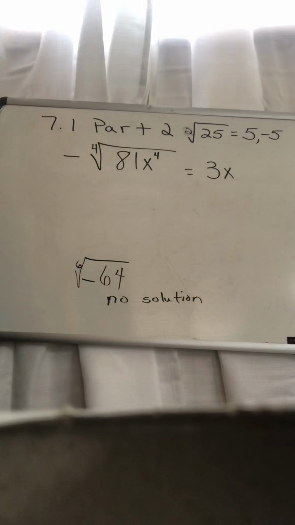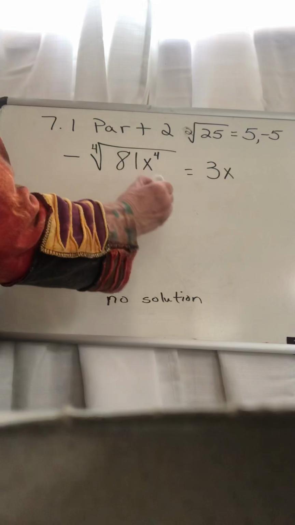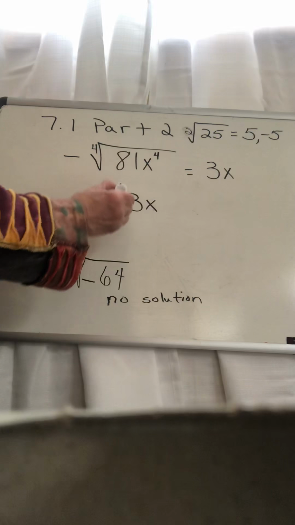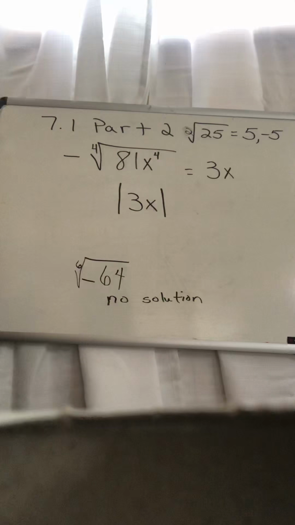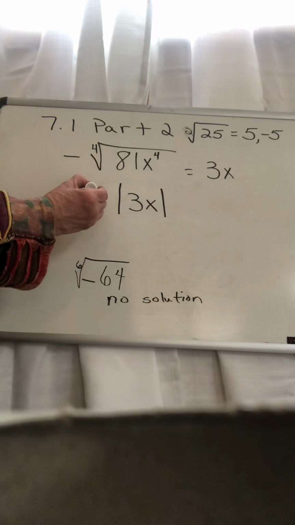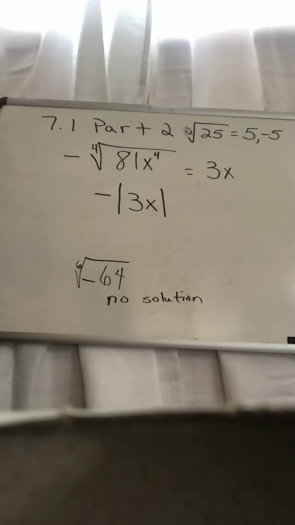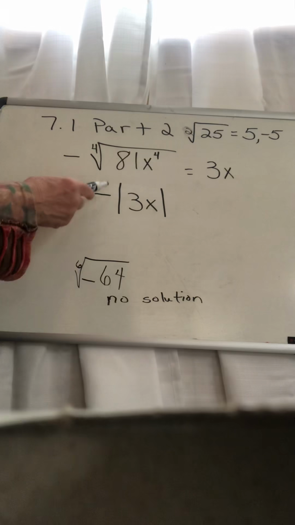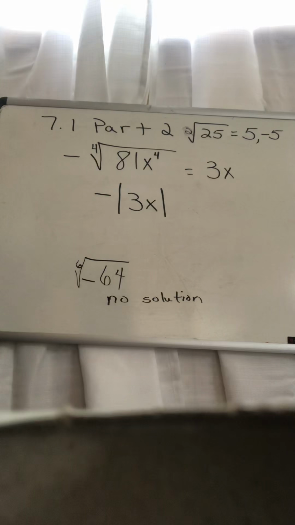And so to do this one properly, we really need our absolute values, because we don't know the value of x, and then we would just put the negative in front of it. So once we figure out what that x's value is, then we would be able to distribute the negative, but we don't want to do that before. Okay, and number 5.